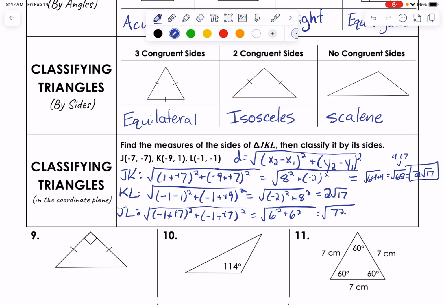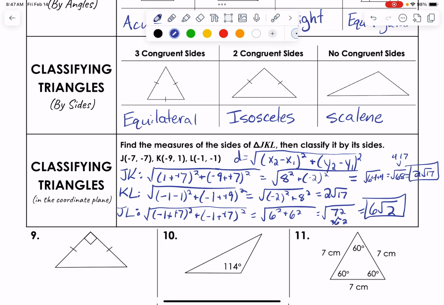And then 72 divides by 36. We should have known that since we did 6 squared plus 6 squared. So 72 is 36 times 2, which means that this is 6 root 2.